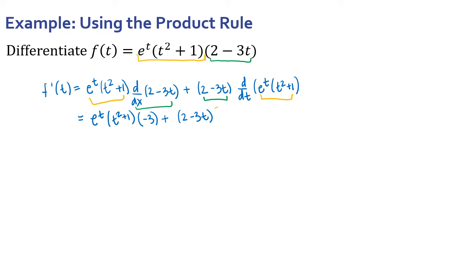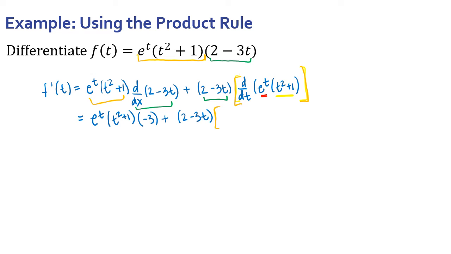Now, to find the derivative of this, I have a product again, so I'm going to have to use the product rule again. So now I'm going to have one function here, one function here. Okay, so I'm going to apply the product rule again to figure out what this entire thing is.